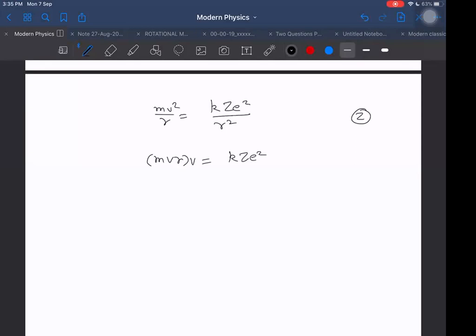Is that right? Yes, sir. Then that is n h upon 2 pi into v is equal to k Z square, so velocity is k Z square upon n h.